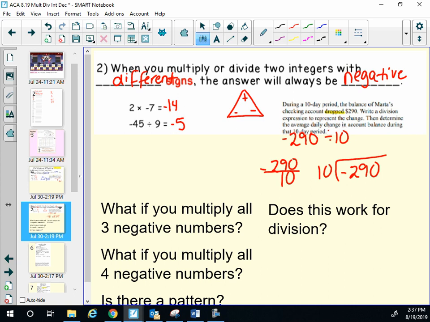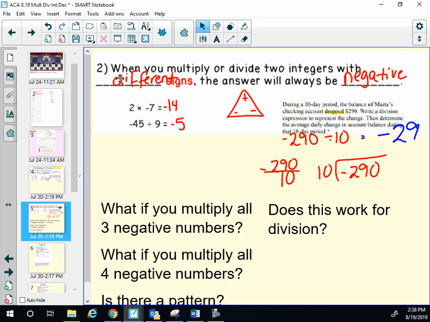It looks different, but it all means the same thing. What does that equal? Negative 29. So, what does that mean? If negative 29 each day, she spends or uses $29 every day on average. So this is our answer.